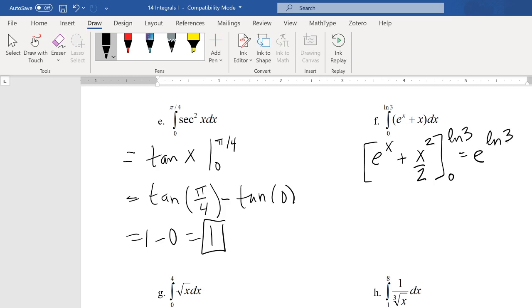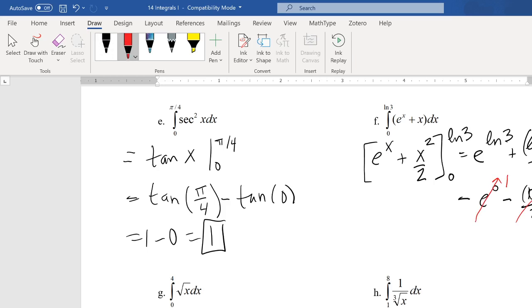So this would be e to the log 3 plus log 3 squared over 2, minus plugging in 0. Zero squared is still going to be 0. E to the 0 is going to be 1.